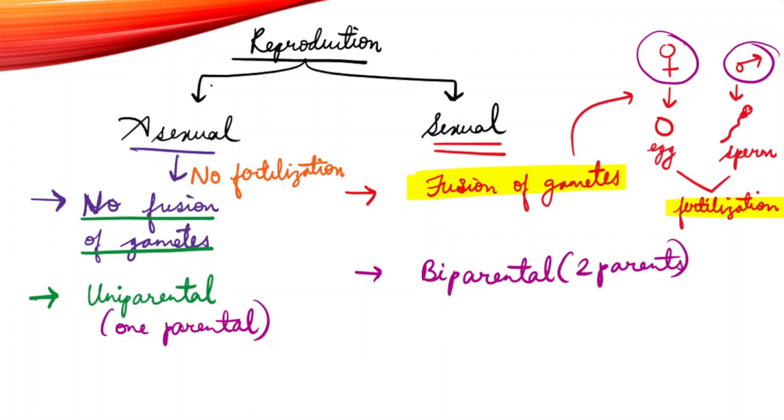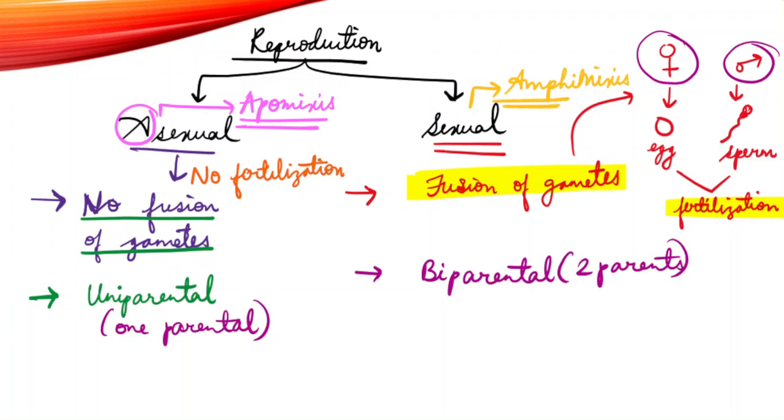Now asexual reproduction is also known as apomixis. This is another term, apomixis. And for sexual reproduction, the word is amphimixis.